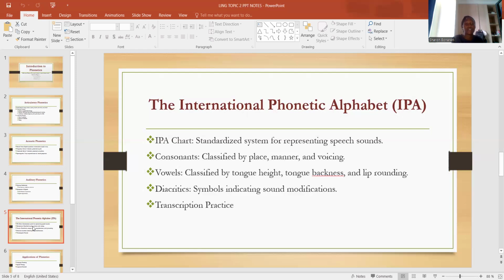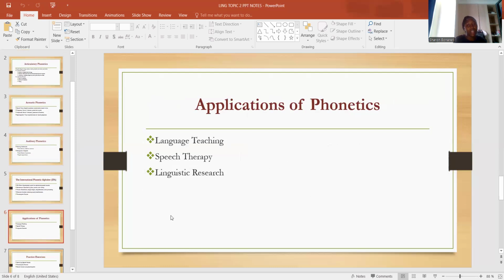Vowels are classified by tongue height, tongue backness, and lip rounding. Then diacritics, which are symbols indicating sound modification, and then there is transcription practice, where you transcribe words.